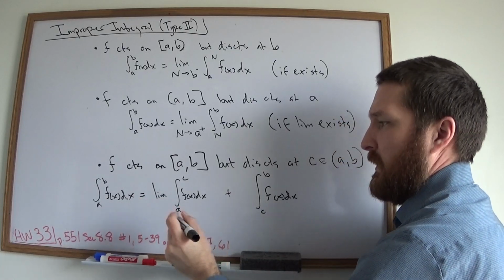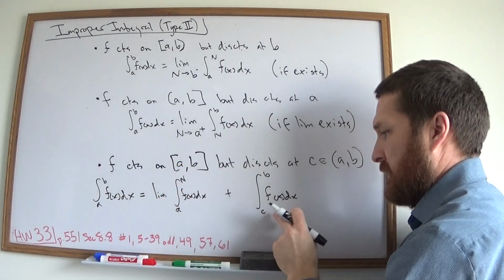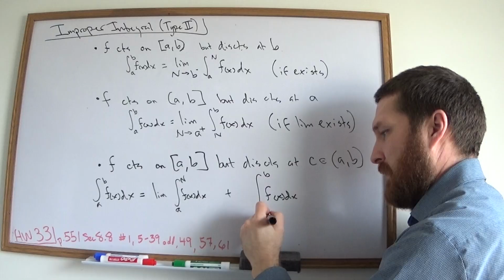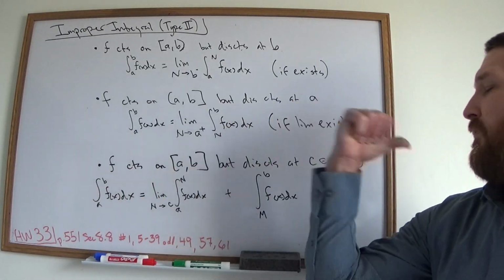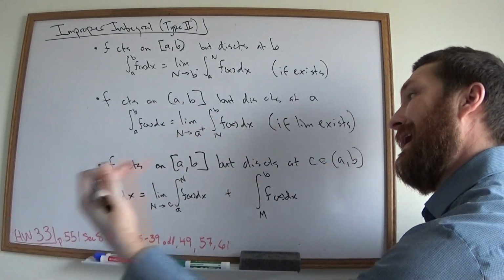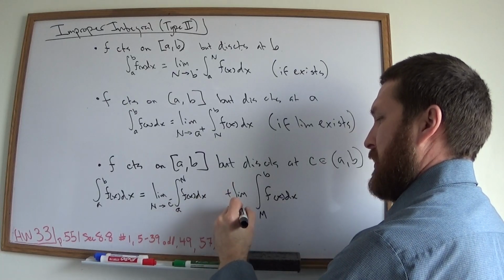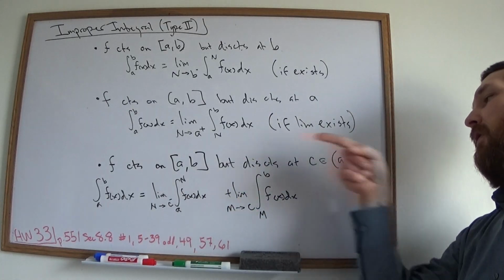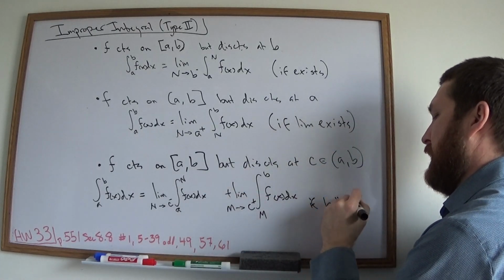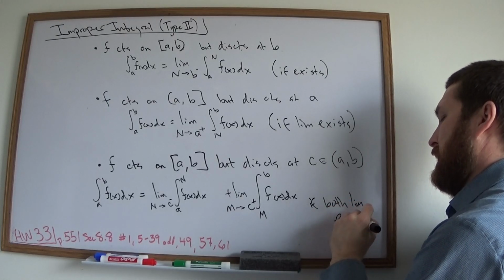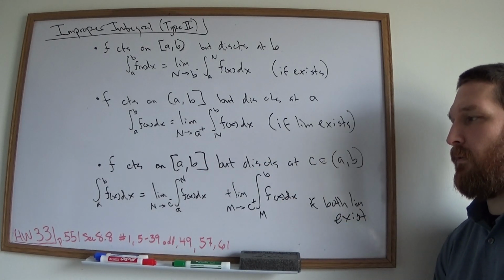So the c is the problem, and so we're going to call it an n on one side, and an m on the other. Here n goes to c from the left, and here the limit as m goes to c from the right, if both limits exist. If either one of them blows up, then the whole thing blows up and we're going to say, nope, can't do it, diverges.